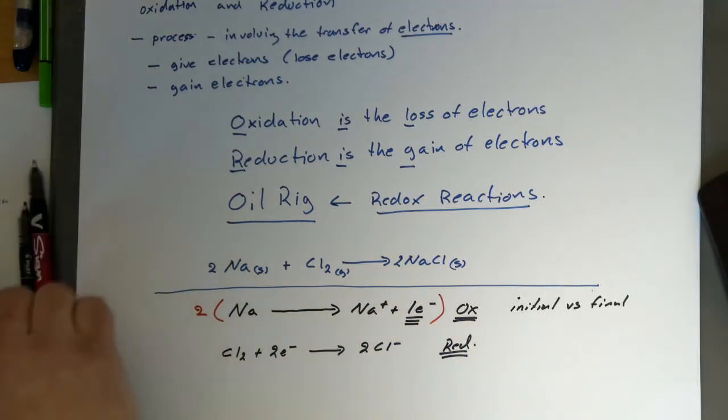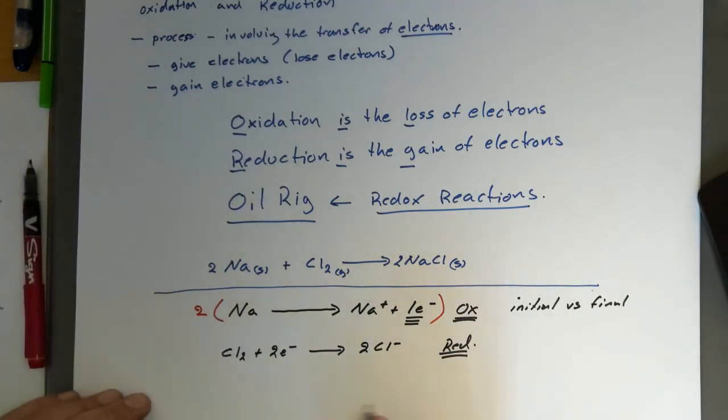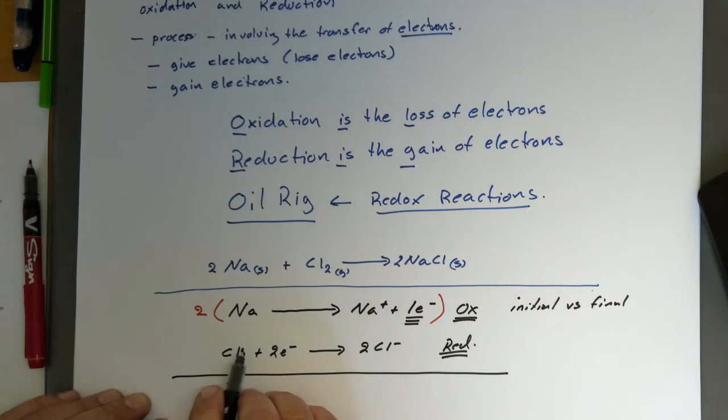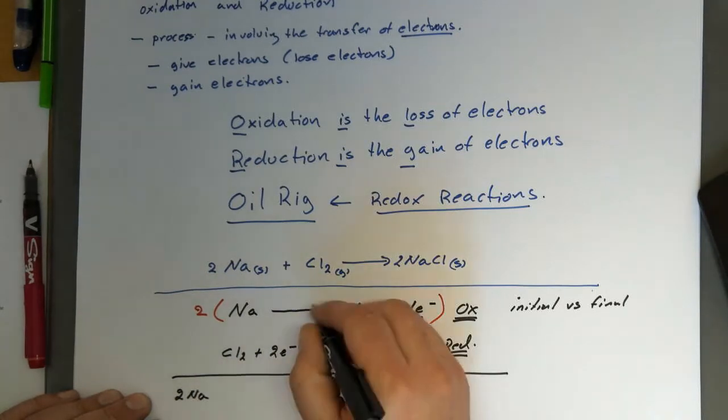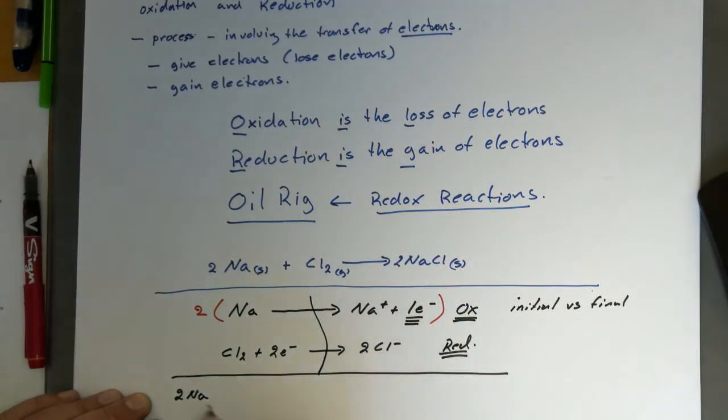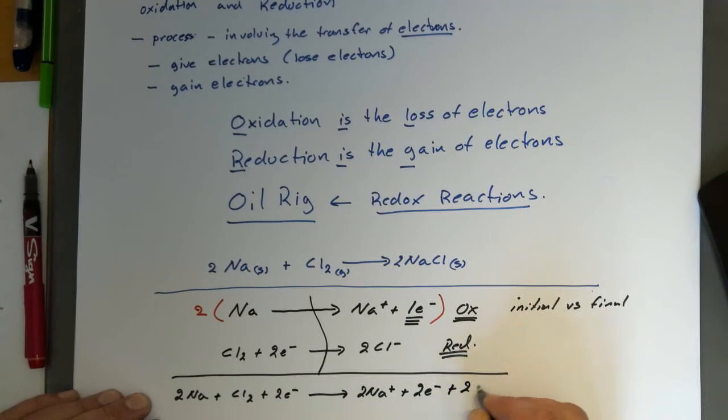And if we rewrite this, multiplying by 2, we get 2 sodium on this side. We draw a line down the middle here, plus Cl2 plus 2 electrons makes 2 sodium ions plus 2 electrons plus 2 Cl-.